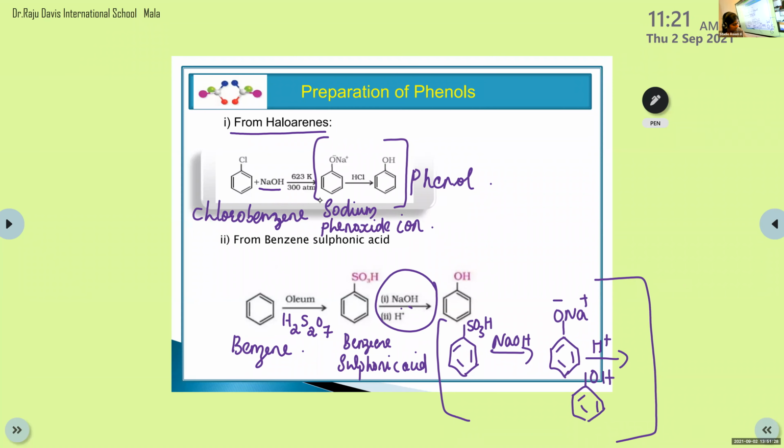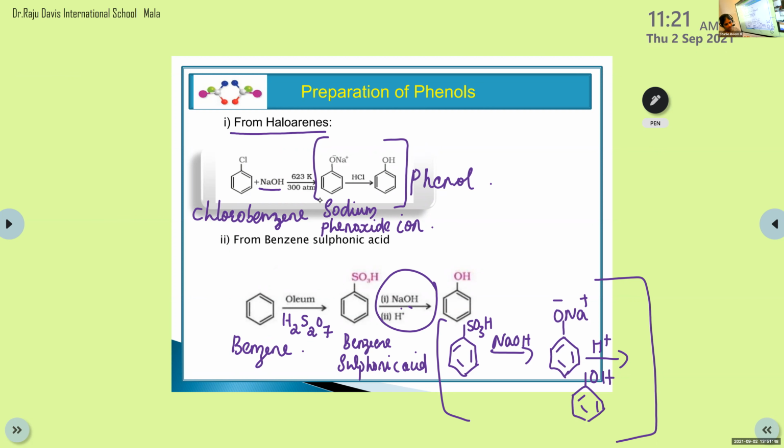Acidification of the sodium salt gives phenol. This is clear now. So these are the steps taken here in the preparation of phenol from benzene sulfonic acid. Okay, first one is from haloarene and the second one is from benzene sulfonic acid.